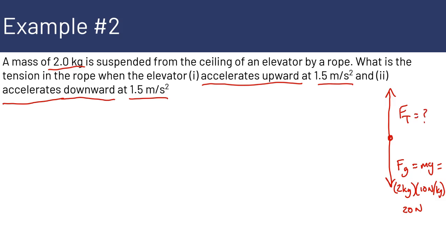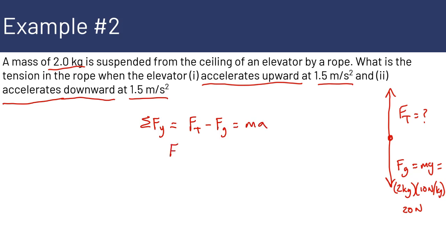Okay, so we're doing sum of forces in the y direction. There are no forces in the x direction. So our sum of forces in the y direction is going to be tension force minus the gravitational force, and that's going to equal mass times acceleration. So we're trying to find the tension force.